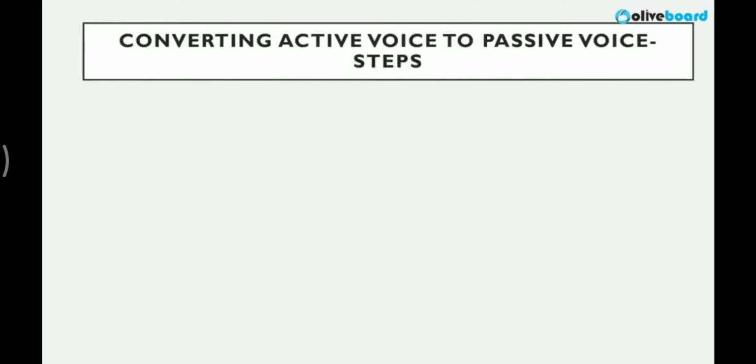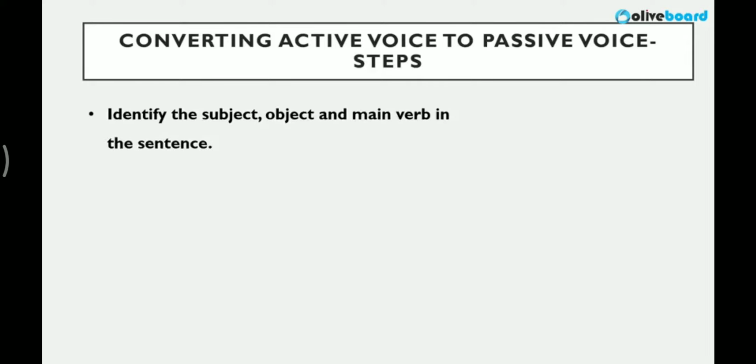Let's look into that. Basic steps when we convert active to passive voice. First, whenever you get a sentence, identify these three. Subject, what is the object of the sentence? And third one, what is the main verb? Try to identify these three. This is the first step.